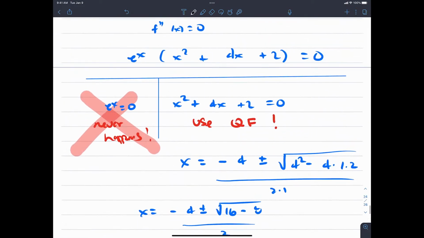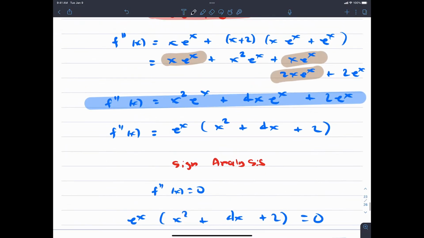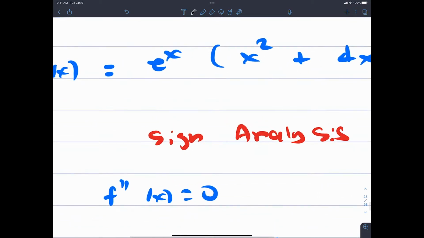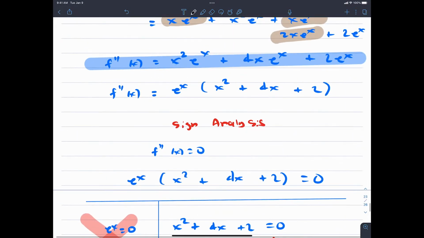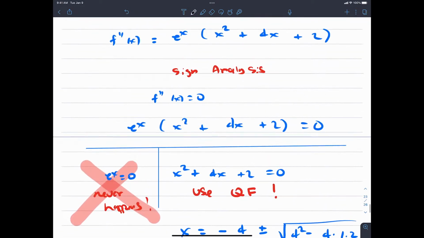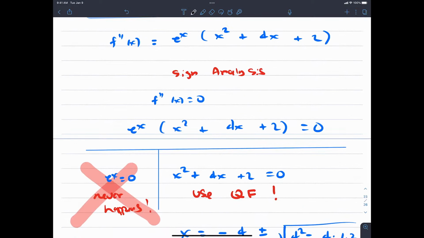So, you plug that in the second derivative, this whole thing. I got news for you guys. This first term, e to the x, is always going to be positive. Is that true? Doesn't matter what value of x you use for e to the x. It'll change for x squared plus 4x plus 2. For example, negative 4, isn't that 16 minus 16?